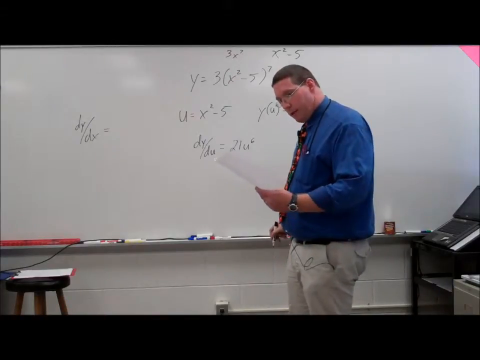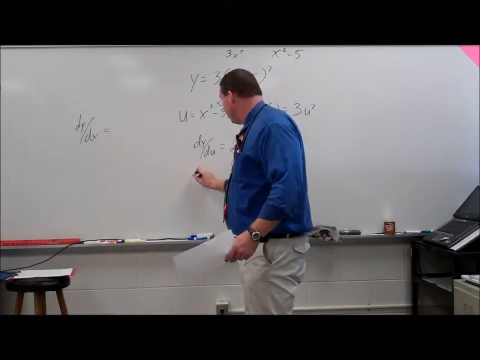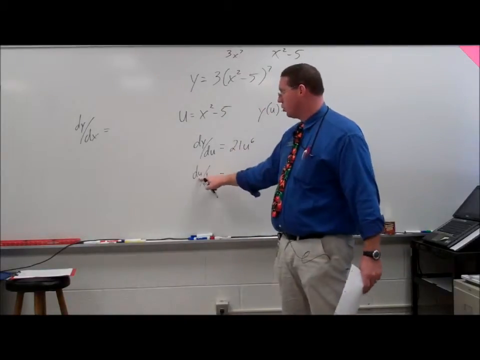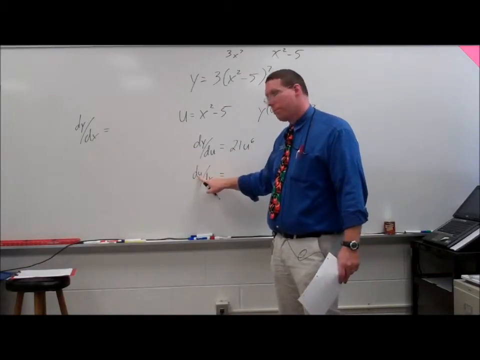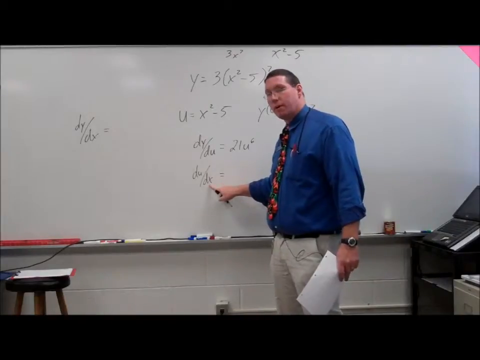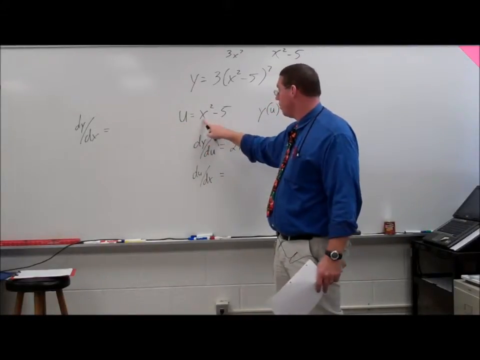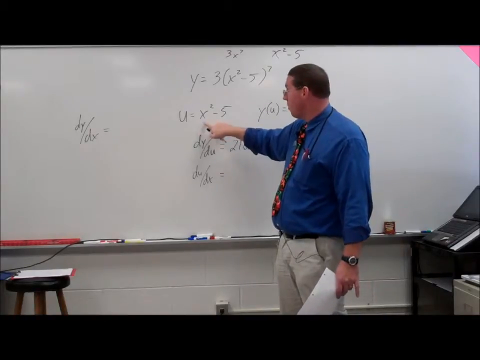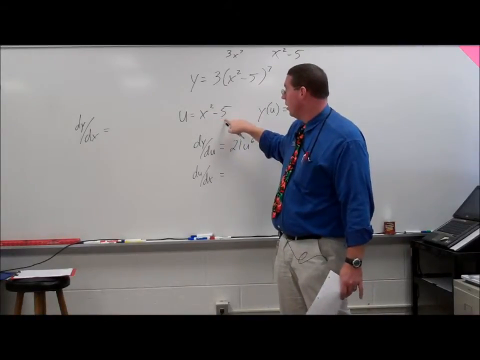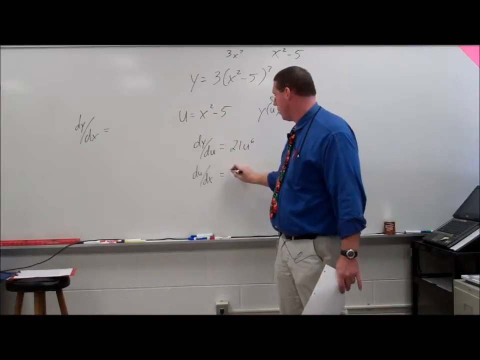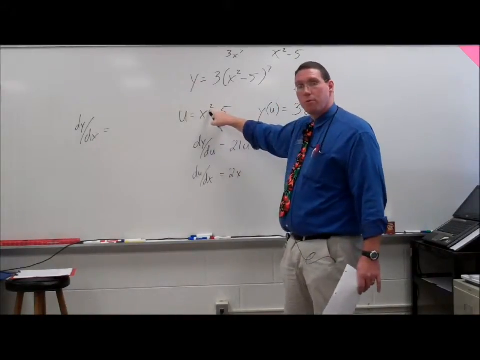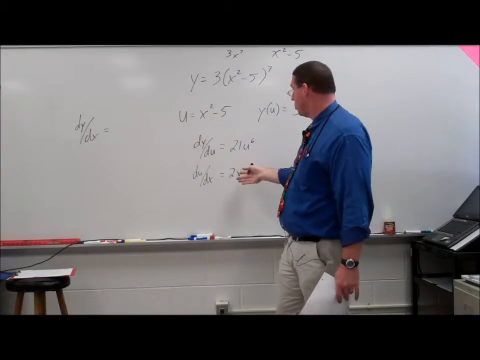Next line down says we want du dx. Now that is a situation where u is the output variable and x is the input variable. Output, input. So we want the derivative of this, basically. So we apply the power rule to this function. 2 comes up front, that's 2x, and the power reduces to 1, so it's just 2x.